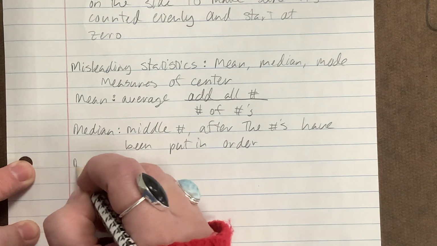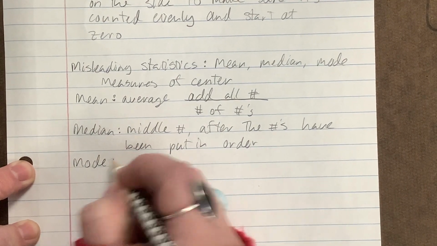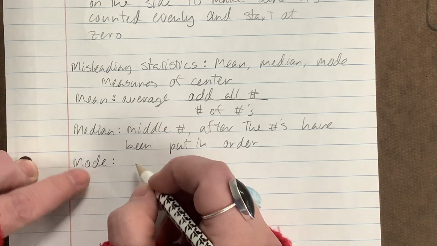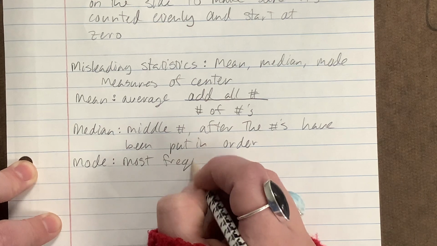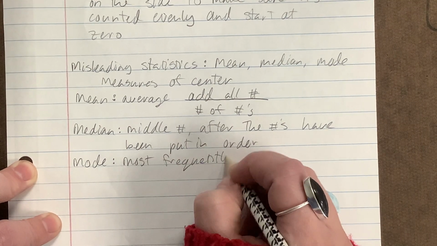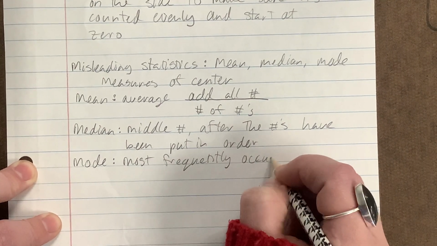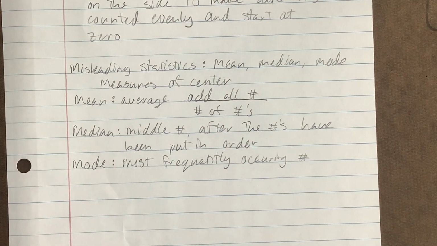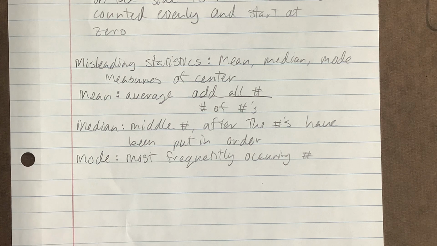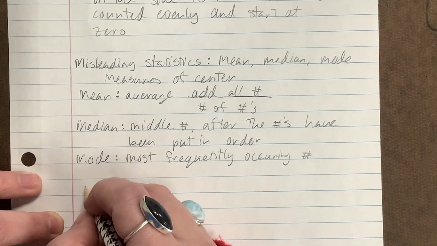Okay, and then the mode is the most, that's how I remember mode, most frequently occurring number. Okay? All right, so that's our mean, median, and mode. Now, here's what happens. Do you remember a term called an outlier?